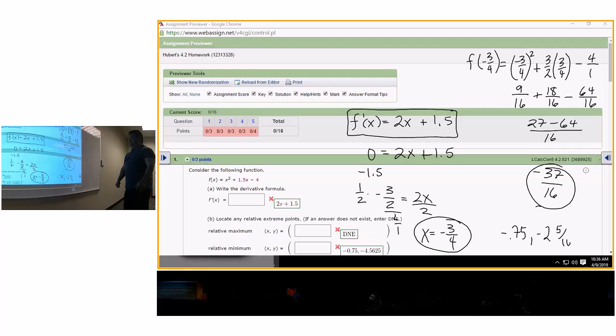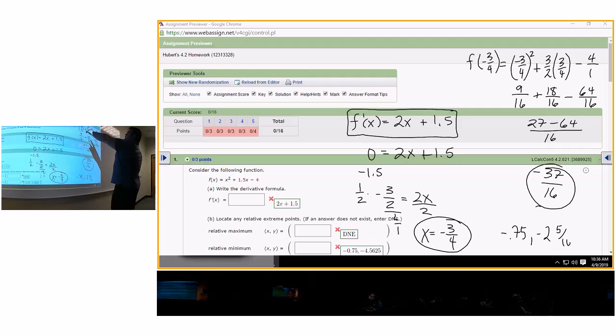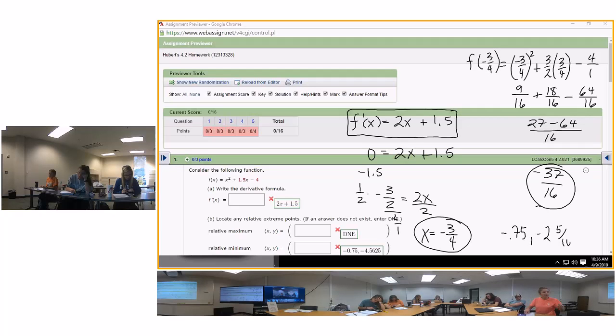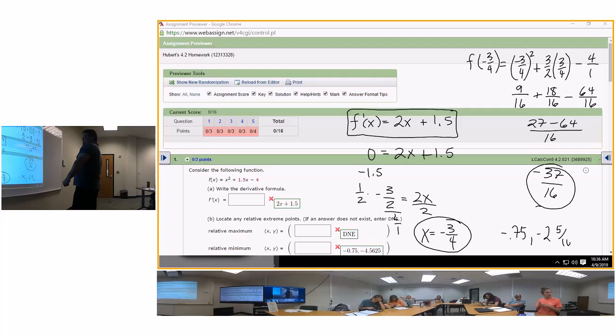And I've got it wrong, haven't I? I've got 0.75 right. Check my math. I think I've done something wrong on the math. Let's see. What's 3? 0.3125. It's 2.3125, but they've got negative 4.5625, so I've done something wrong. So check my math up there.